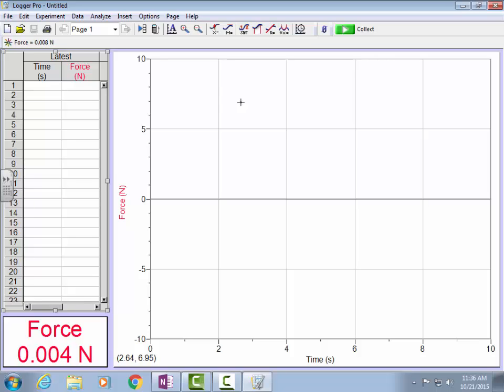I go and I start collecting data. Because remember, we have another means of doing this, right? How much mass is on here? 1.02 kilograms, right? So therefore, the normal force is what? What's that normal force? Come on, get out your calculators.